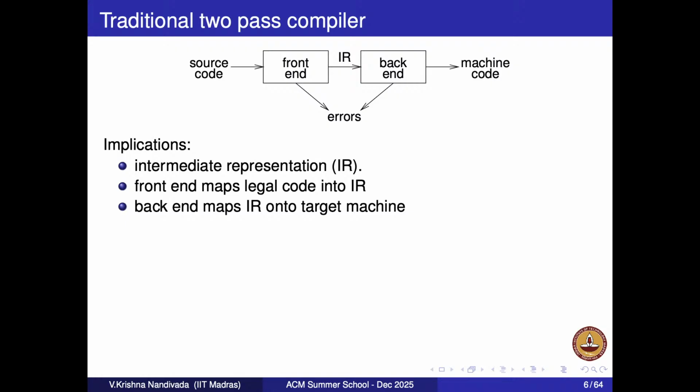Or the maximum size of a function that I can deal with is some limit. So there are some such restrictions. In such cases, it can be a backend error.